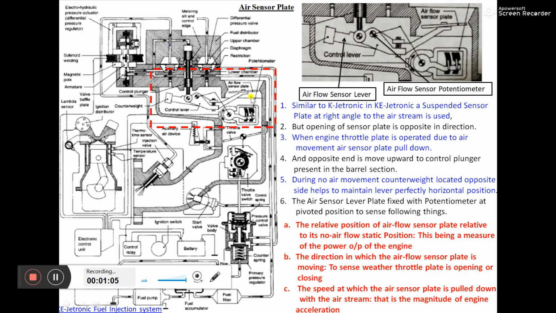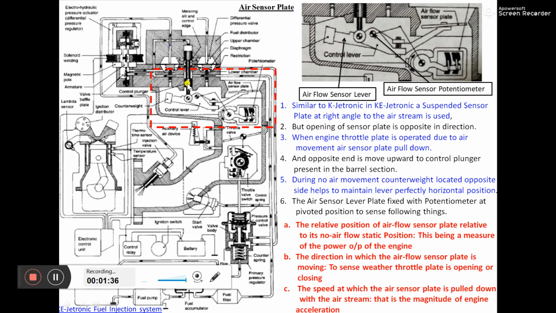After pushing the sensor plate upward, the air is supposed to enter into the inlet manifold here. But here it is exactly opposite. In the KE-Jetronic, the sensor plate is supposed to push downward, and after that the air is supposed to enter into the inlet manifold. Again, the pivot is located in front of this contact point, this plunger.